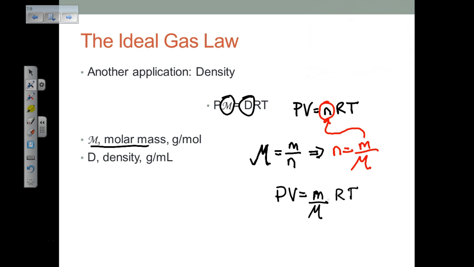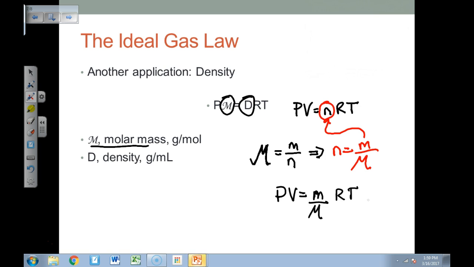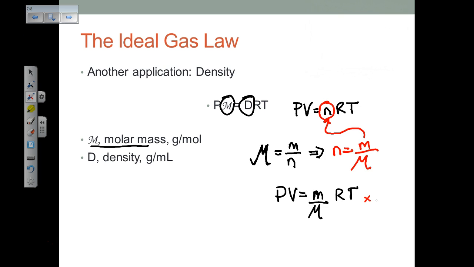But now what we can do is multiply both sides by M, because we don't want to divide by M, by molar mass. We want to keep multiplying. So I'm going to multiply both sides by M, and so that cancels that out. And so now I get an m here.